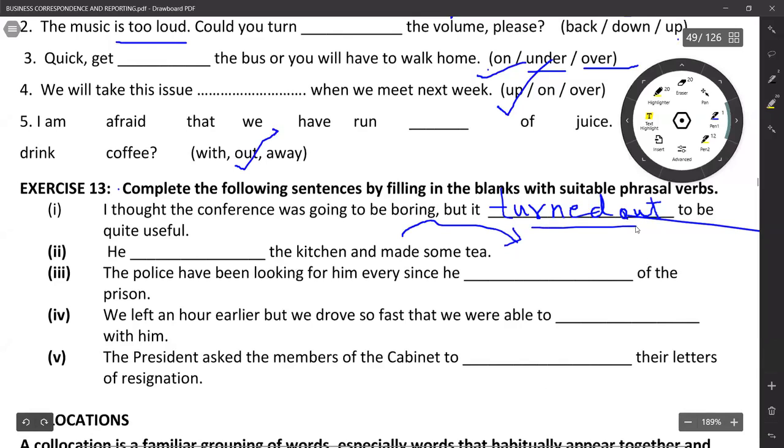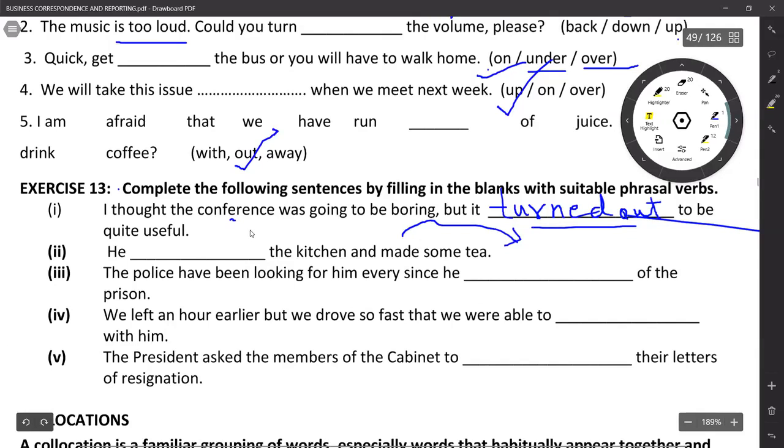Did you understand this, guys? It came out to be, you can't, okay. See, there's a very fine difference. Are you conducting the conference or are you attending the conference? Attending the conference.